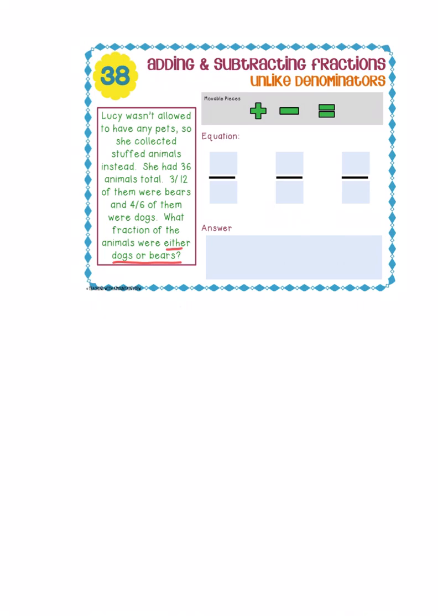So in order to solve this question, we're going to have to figure out what 3/12 plus 4/6 is. That together will tell us the fraction of 36 that were either dogs or bears. Step 1 is going to be identify your least common multiple for 12 and 6.